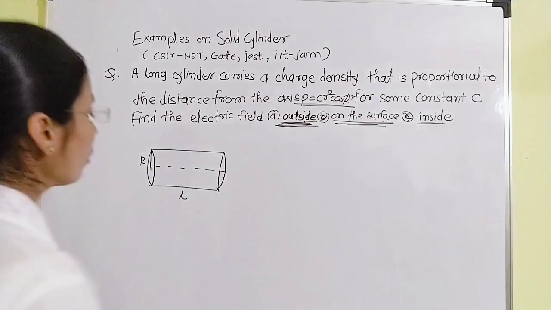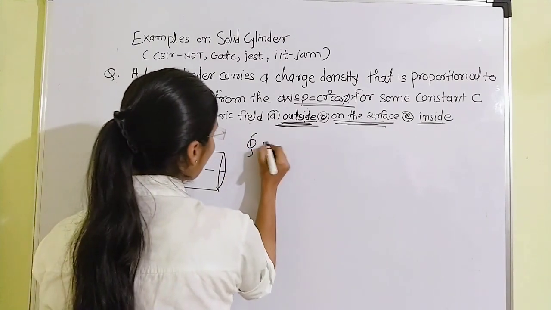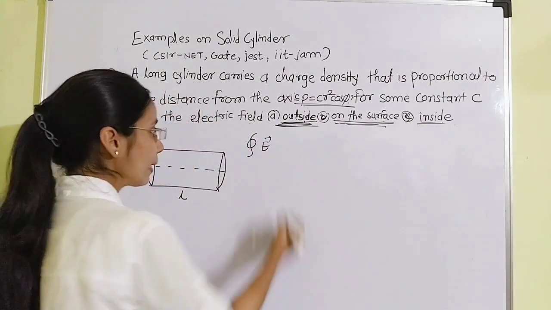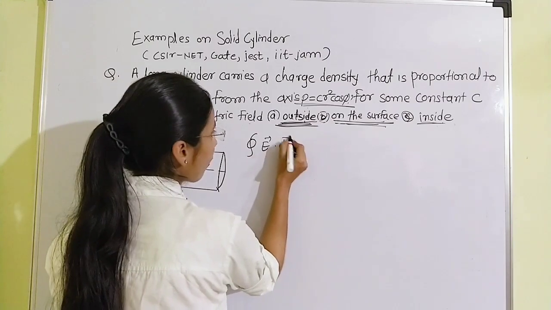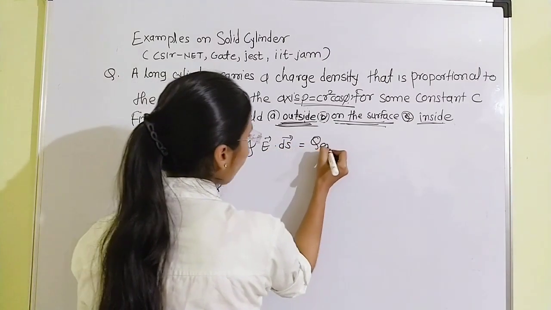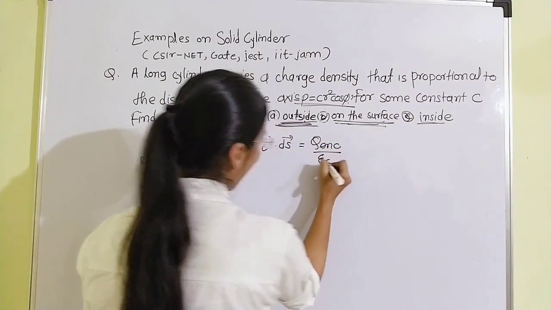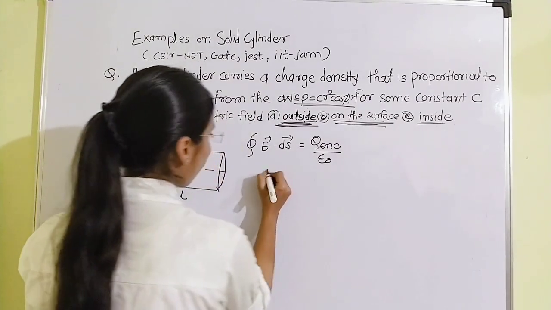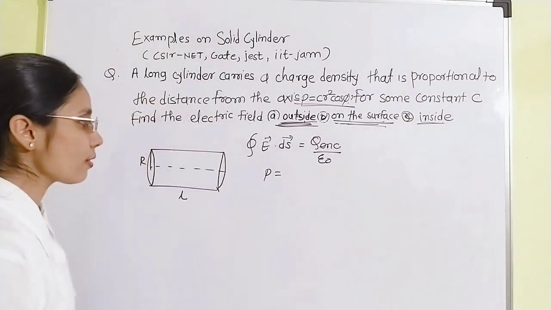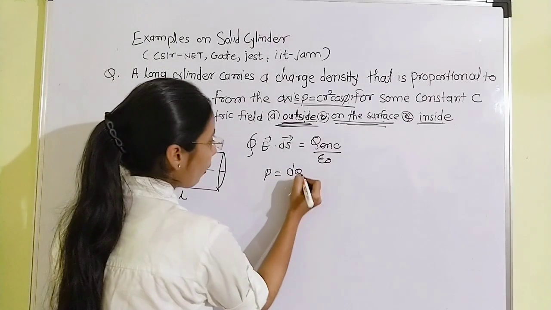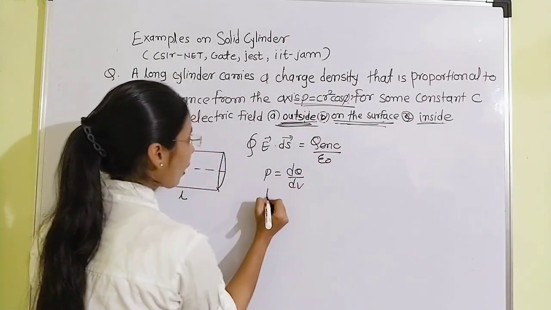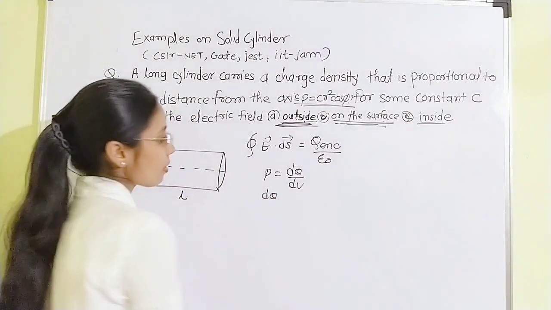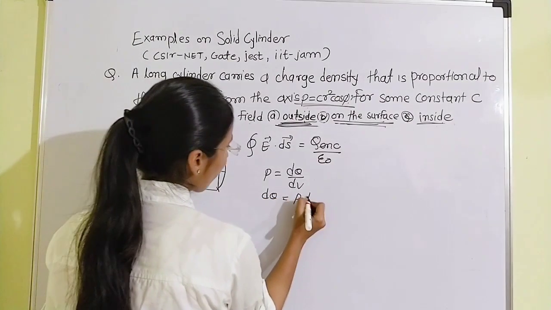So the integral form of the Gauss law is closed integral E bar dot ds bar is equal to Q enclosed by epsilon naught. So we know that rho, that is volume charge density, is equal to dq by dv, and we can write it as dq is equal to rho into dv.